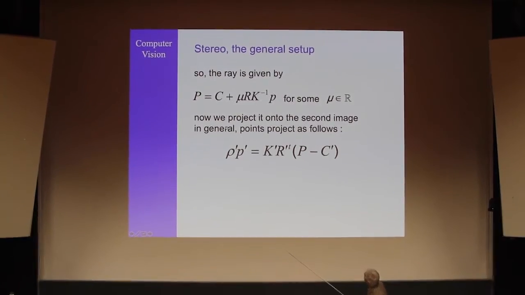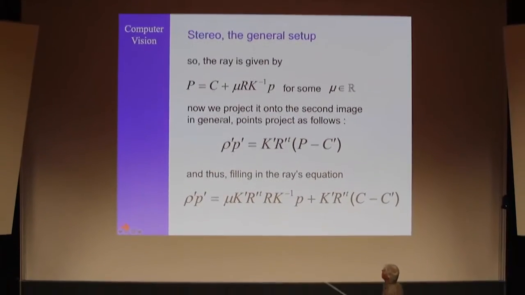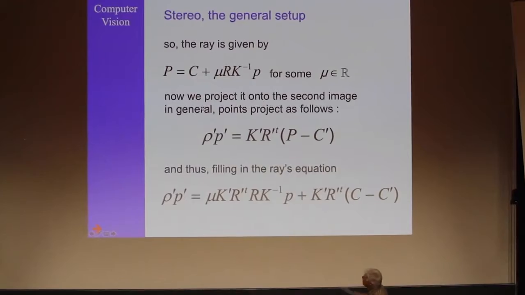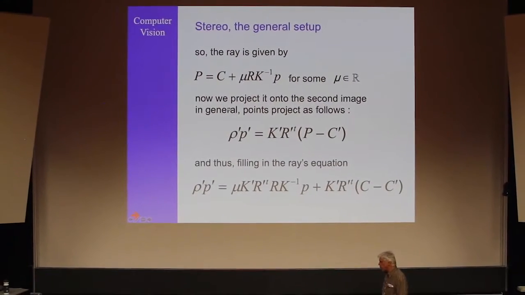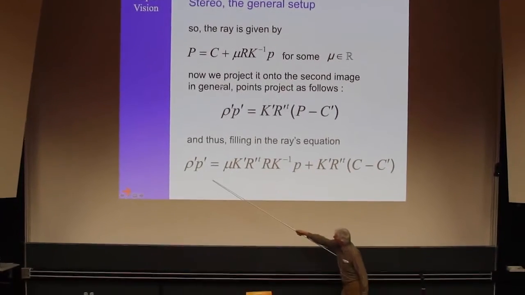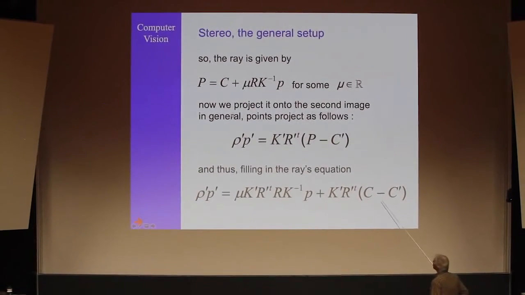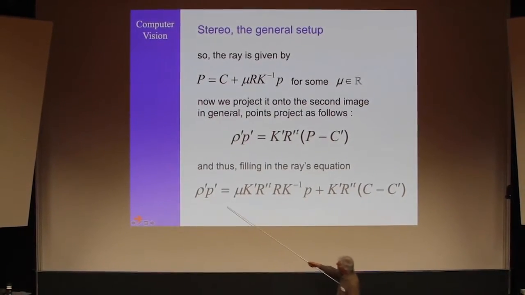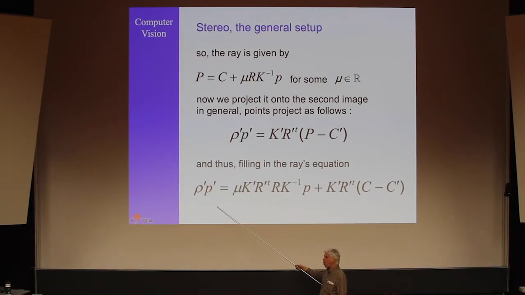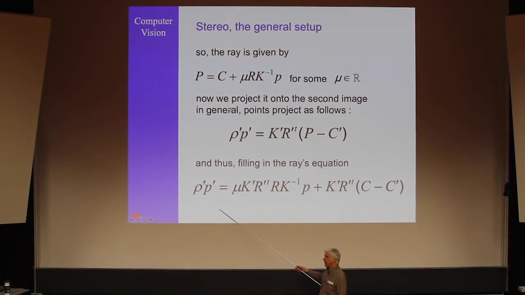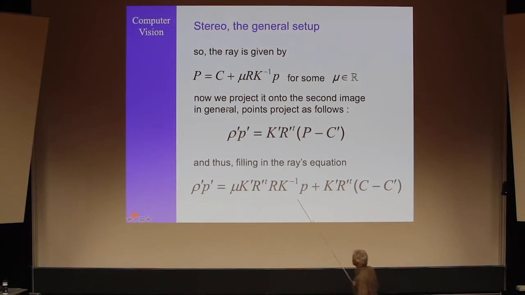Let me go quickly here. We have replaced P by all the points on the projection ray of the first camera, and we get this equation. These are all the points p prime in the second image plane corresponding to points along the projection ray for the first camera, yielding projection lowercase p there.